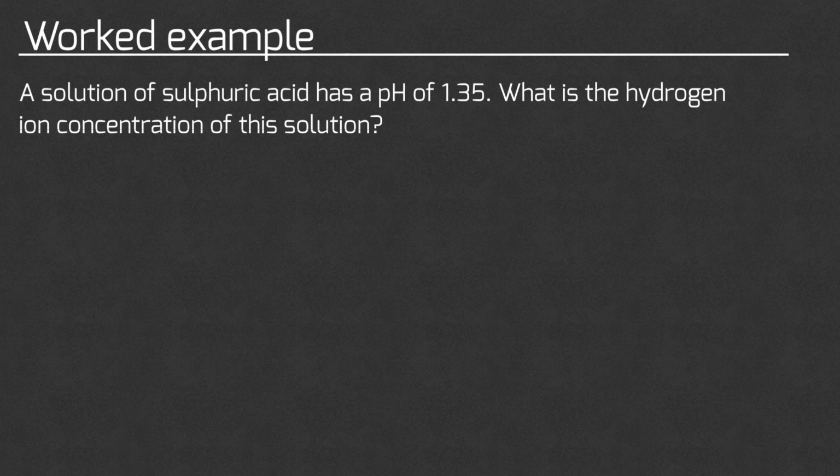So the second worked example is: a solution of sulfuric acid has a pH of 1.35. What is the hydrogen ion concentration of this solution? Again, the first step is to write out the equation which links pH to hydrogen ion concentration.